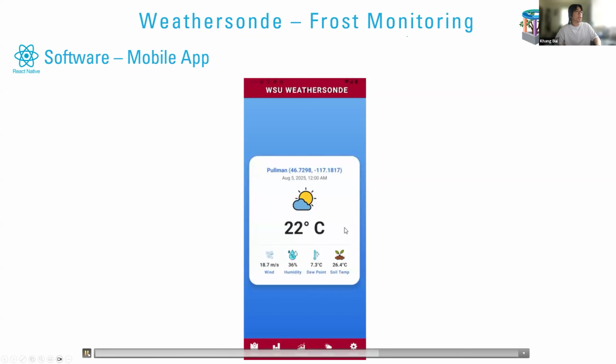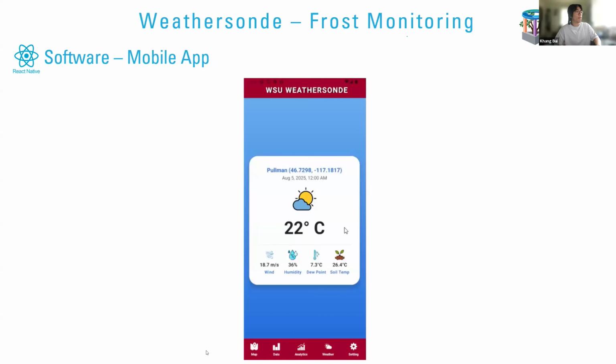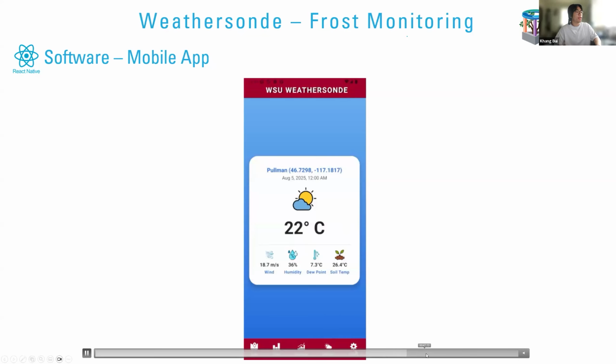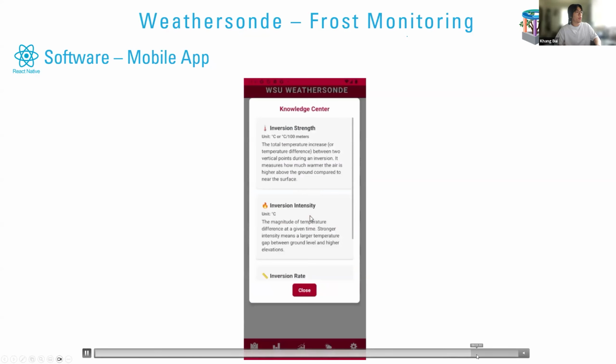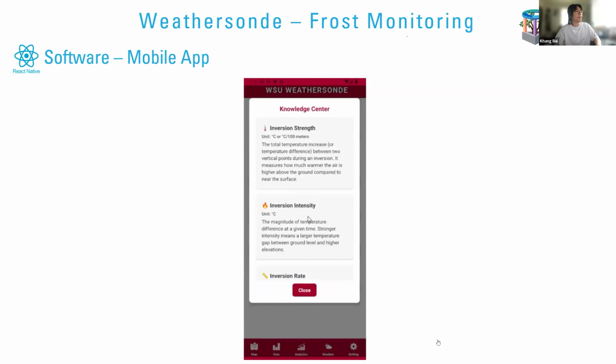On the weather page, we can see real-time weather data. And lastly, on the settings page, we can change our global temperature and distance unit. We can also go to the knowledge center to learn more about inversion details.